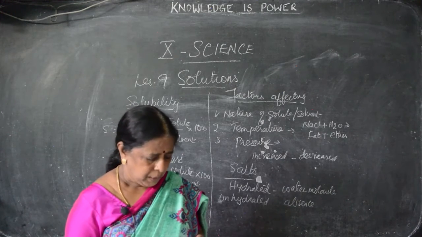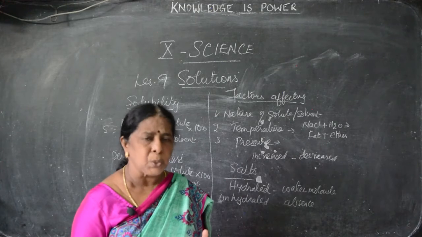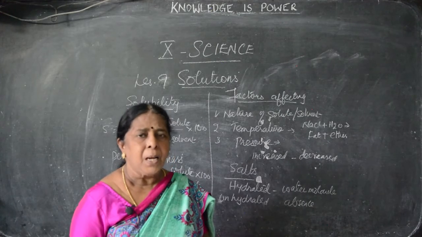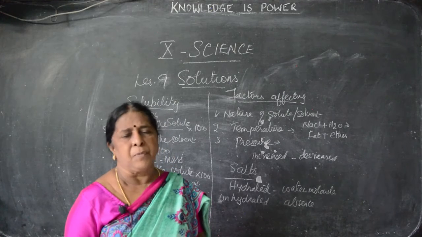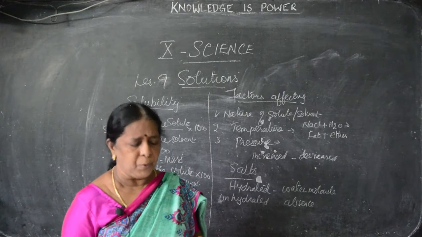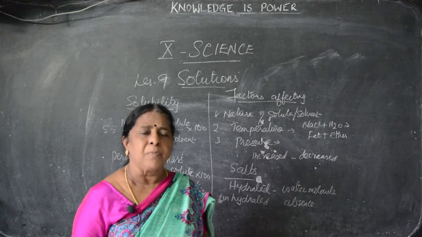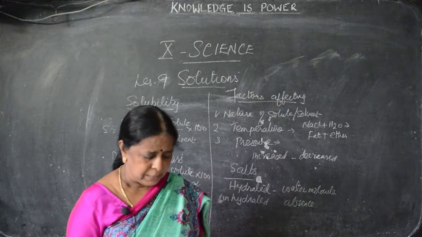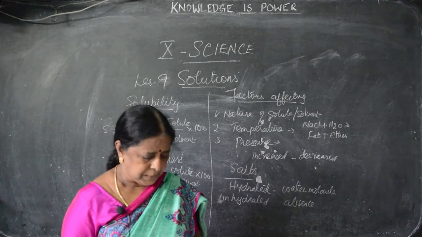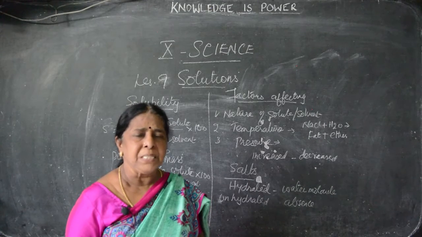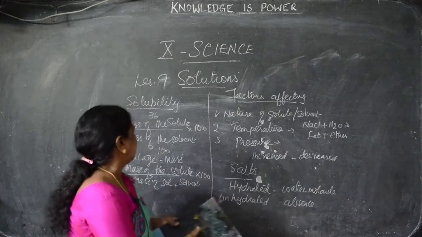Then penta, hepta and all, you need not write. At least you should know the common name, IUPAC name and molecular formula. That is very important. Common name, for example, blue vitriol, copper sulfate. Molecular formula is CuSO4.5H2O. Epsom salt, magnesium sulfate, MgSO4. For sulfate, what should be there? SO4.